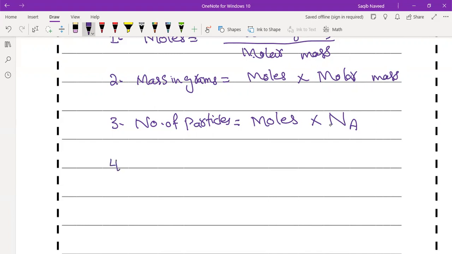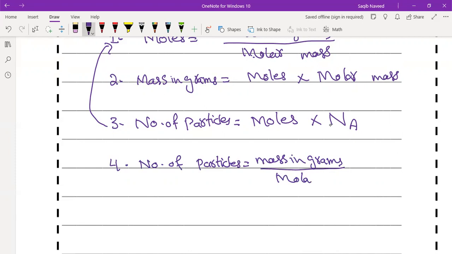So the fourth formula is also for the number of particles, and you can take the help from formula number one, that is moles equal to mass in grams over molar mass.